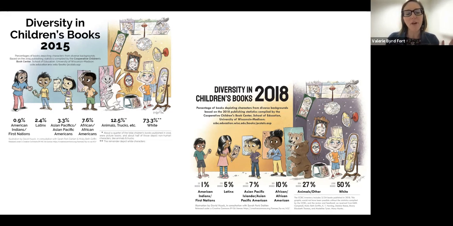And again, I am focusing on children's books here, but it is very important to have diversity in all of the books that we're sharing.